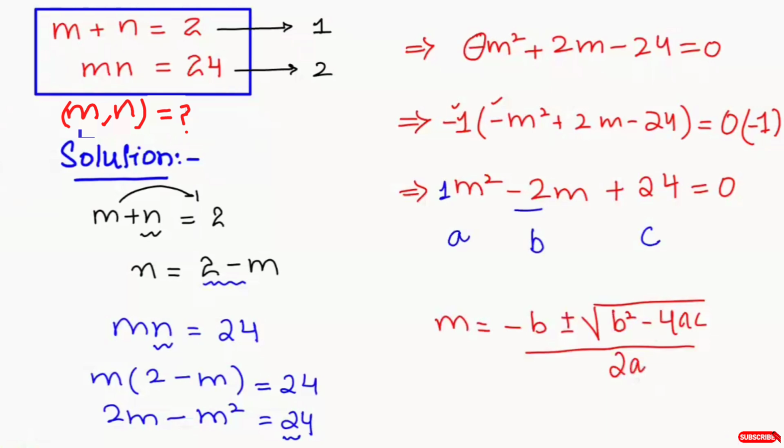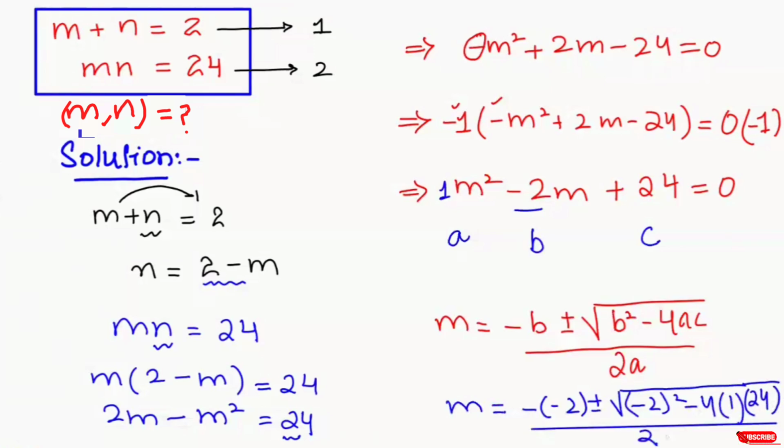Now I'm going to plug in the values of a, b and c. m is equal to negative of negative 2 plus minus root of negative 2 whole to the power of 2 minus 4 times 1 times 24, over 2 times 1.